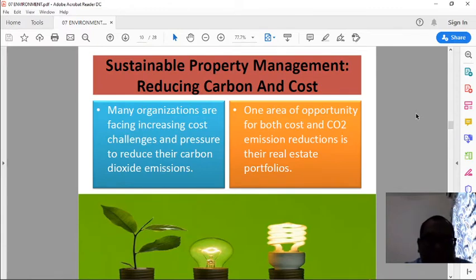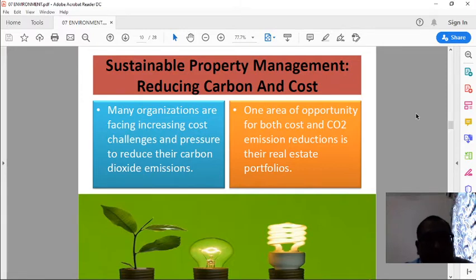So how are we going to reduce the carbon and also cost? We need to identify the challenges and also the pressure to reduce carbon dioxide emissions. And one area of opportunity is that both cost and CO2 emission reduction are located inside the real estate portfolio. So you make it the aim or even the goal of the organization.